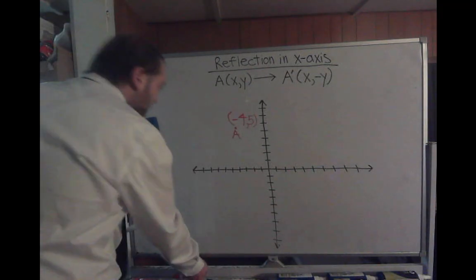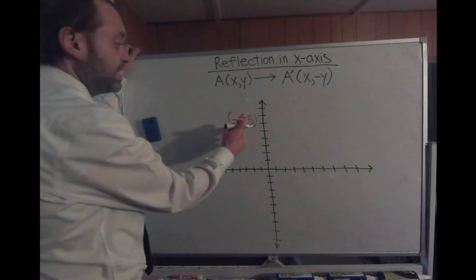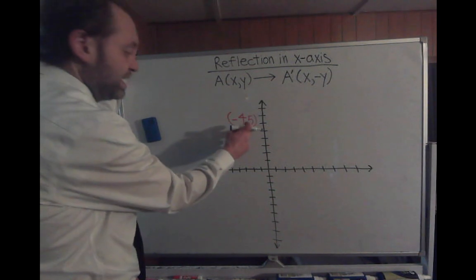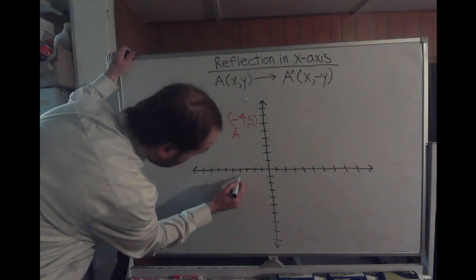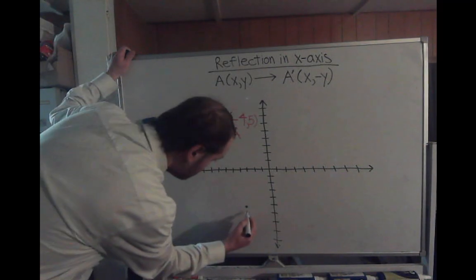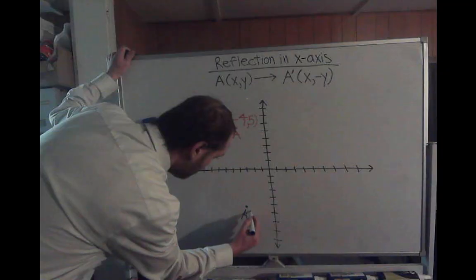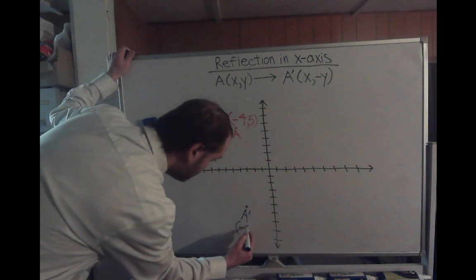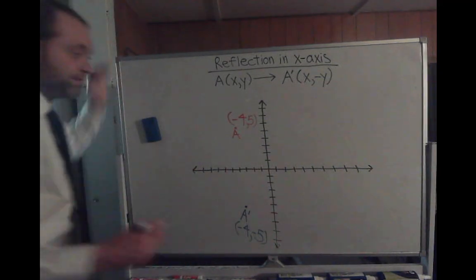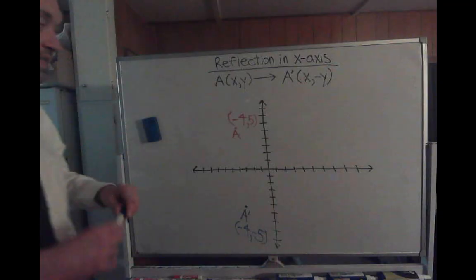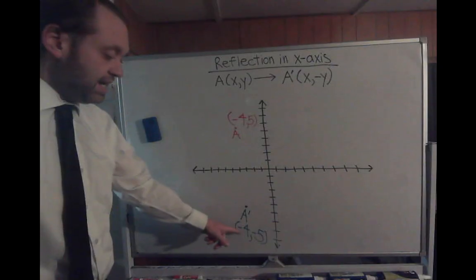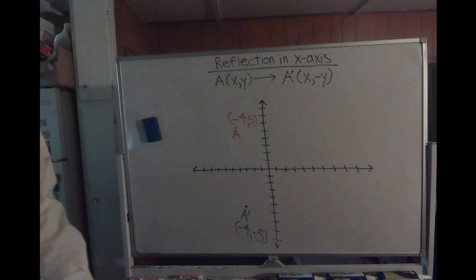If I want to reflect this in the x-axis, I'm going to keep my x-coordinate the same, but negate my y-coordinate. So if I negate that 5, you would get A prime at the point negative 4, negative 5. So all I've done to reflect this in the x-axis is just negate the y-coordinate.